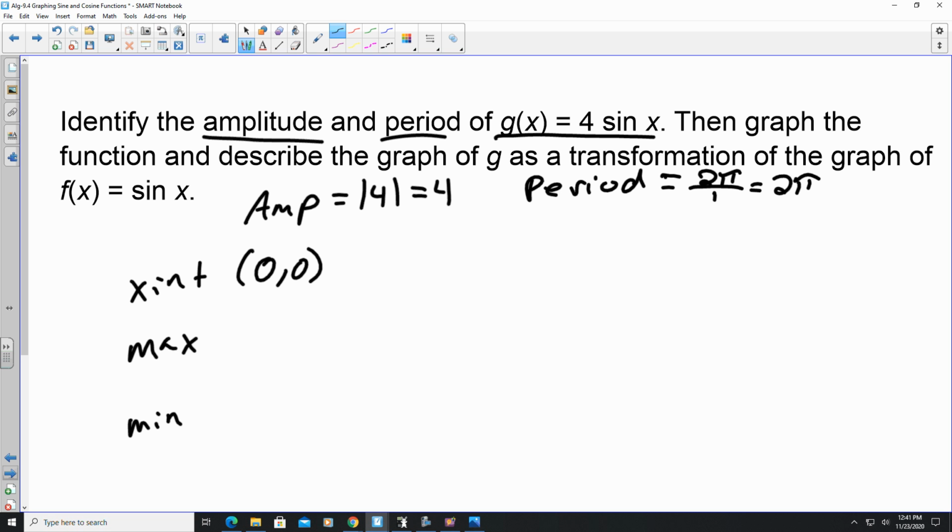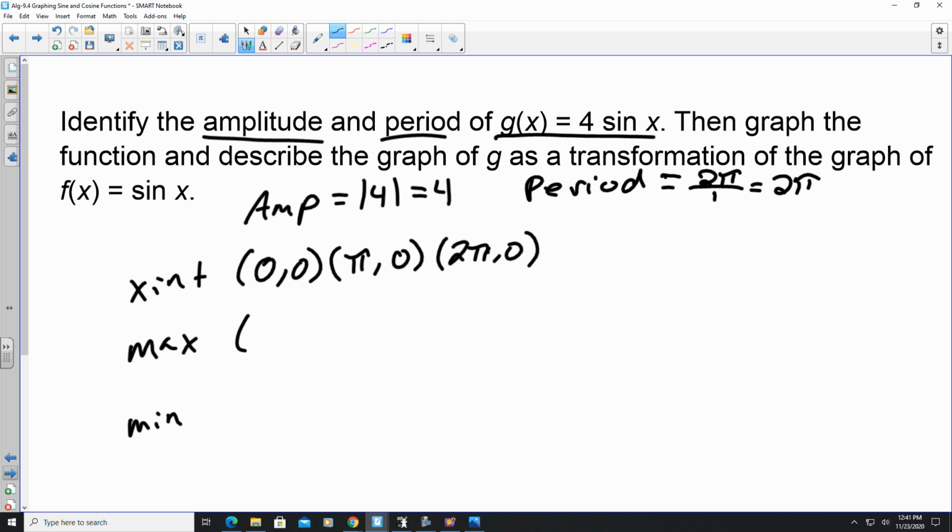There's no shifting of our graph, so still 0, 0. The next one is the period times 1/2. The period is 2 pi, so 1/2 of that is pi. So it's pi, comma, 0. And then the third one is just the period, comma, 0, so it's 2 pi, comma, 0. Those are the three main points we've discovered.